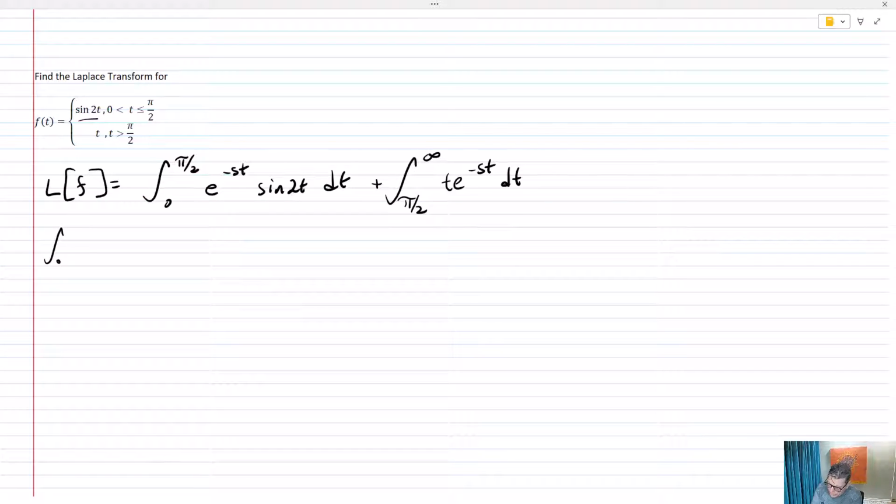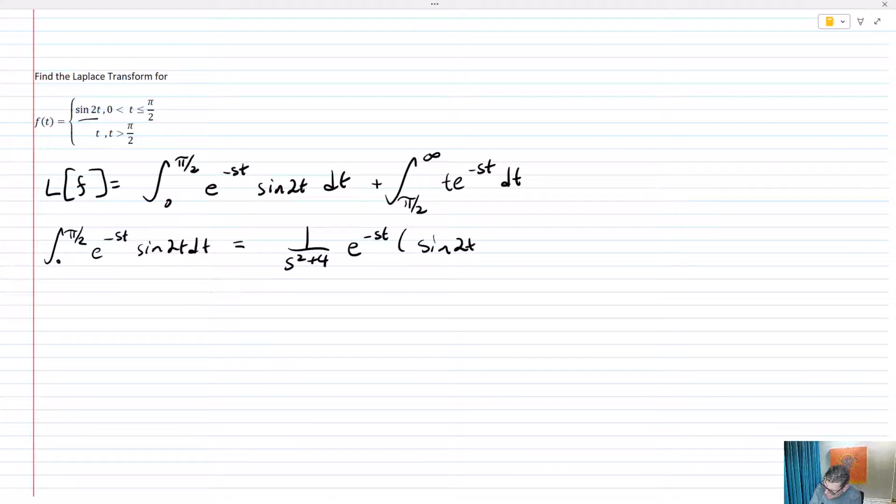So we're going to take the integral from 0 to pi over 2 of e to the negative st sine 2t dt. And that'll end up equaling 1 over s squared plus 4 times e to the negative st times sine 2t minus cosine 2t.